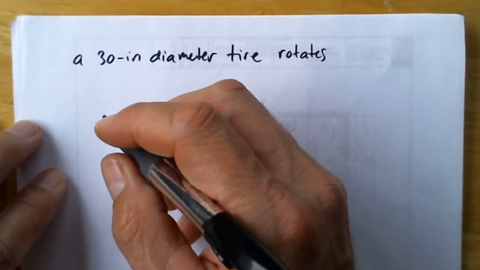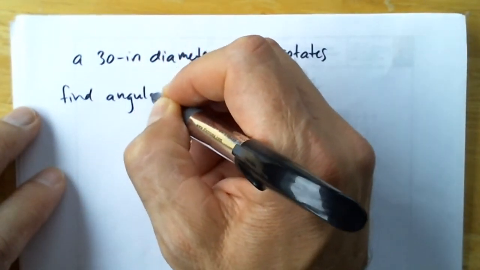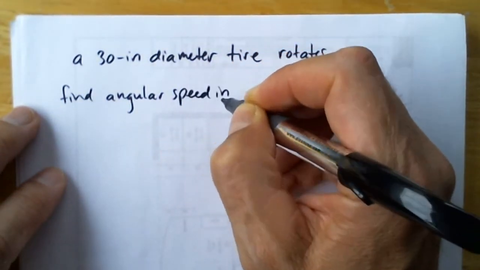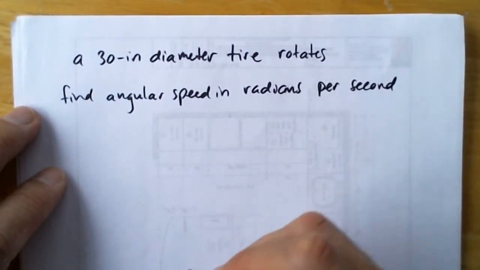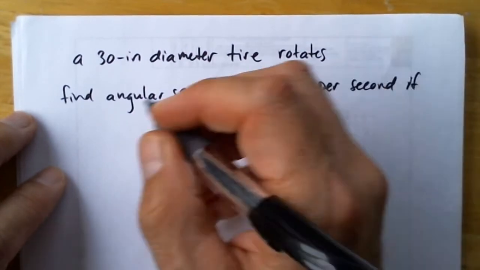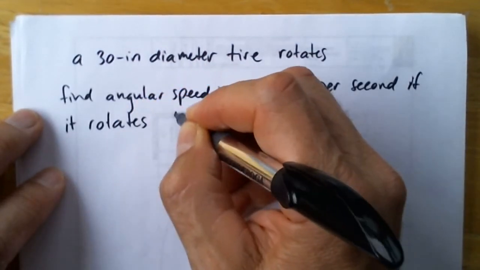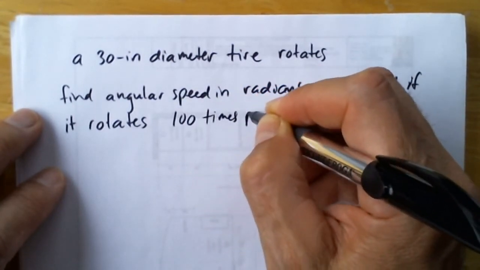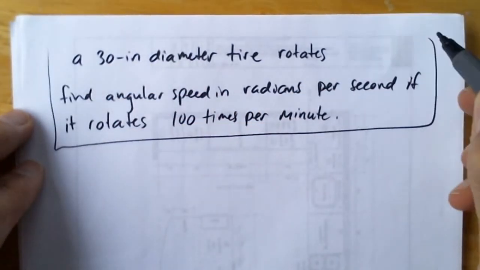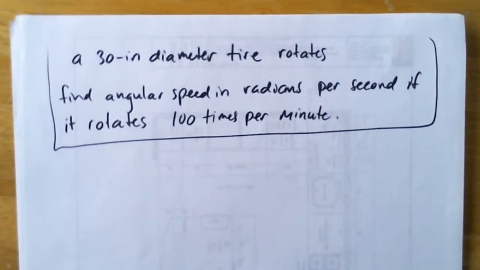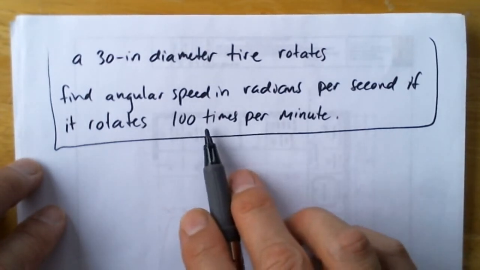Okay, find the angular speed in radians per second. So now we want angular speed and we're given the number of rotations per minute.